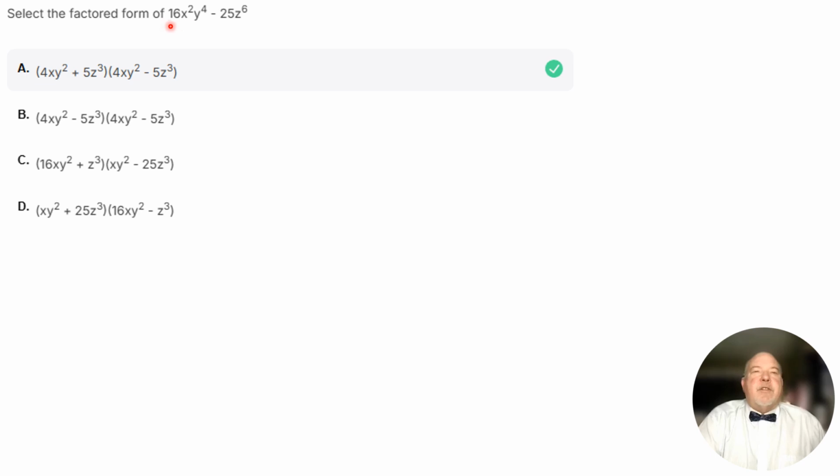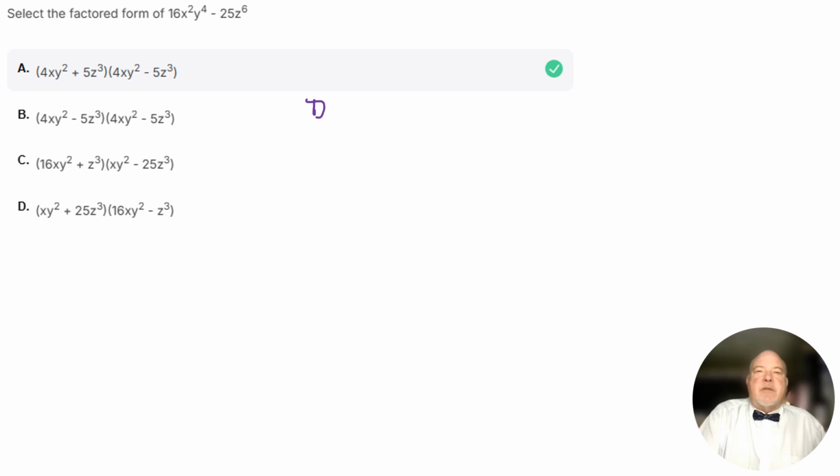And so if I look at the first term, this is a perfect square. If you take the square root of this, you would get 4x y to the second. I look at the next one, it's also a perfect square. The square root would be 5z to the third. So when you have that, let me write down what difference of squares looks like.